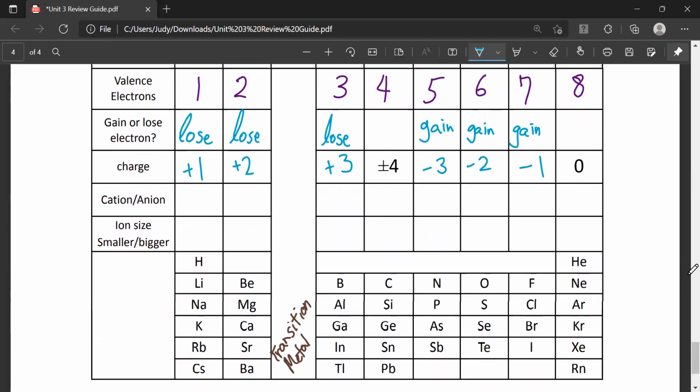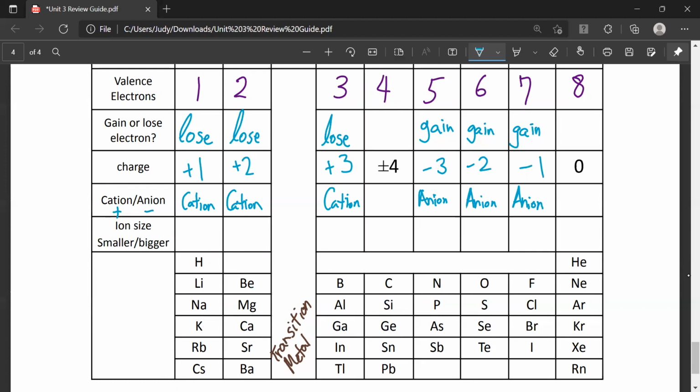And then determine if it's a cation or anion. This is so simple for you guys. Cation is positive, anion is negative. Just like I said, I'm going to skip the plus and minus because it's both. Then anion, anion, anion. If we have no charge, there's no positive or negative.